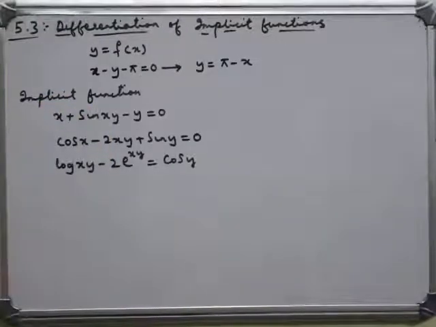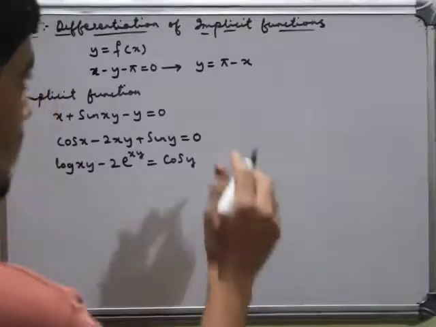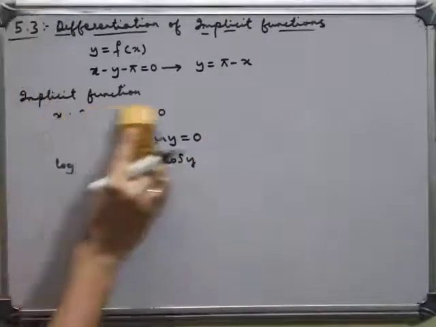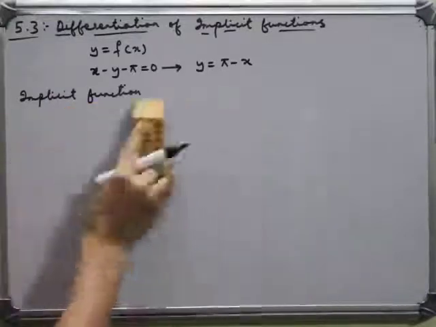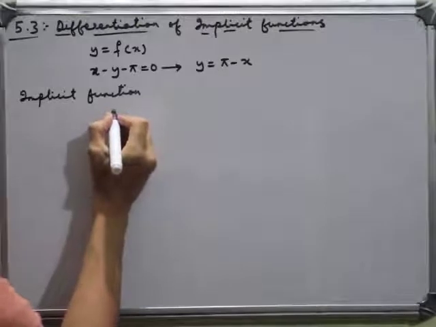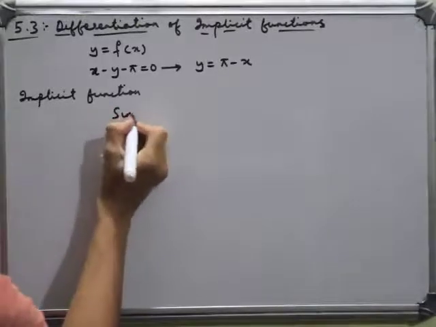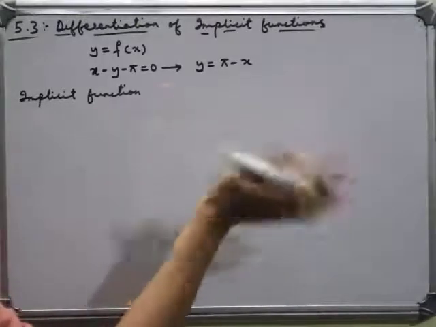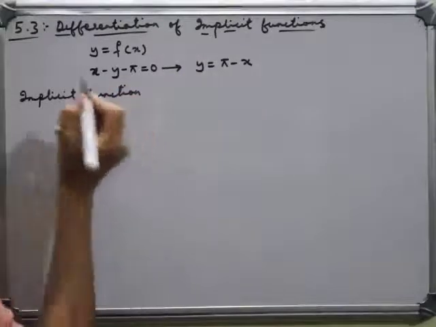Okay, the concept is very simple. To find the derivative of an implicit function, say I want to find the derivative of sin y, or let us say I want to find the derivative of y.